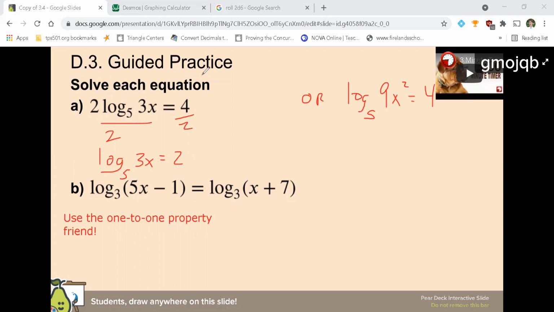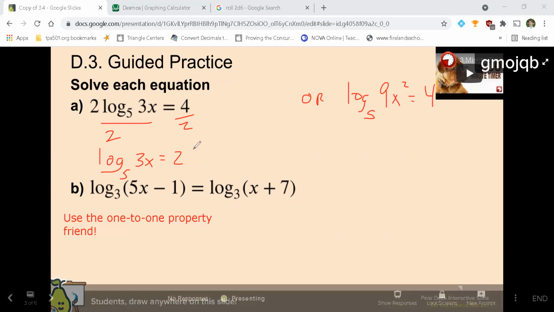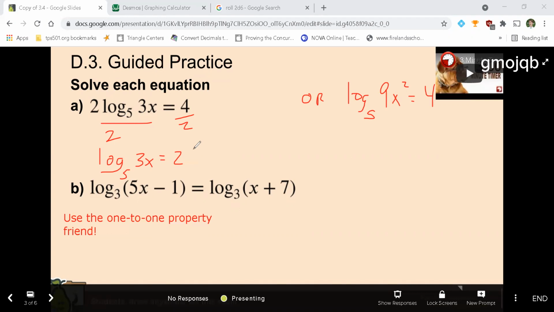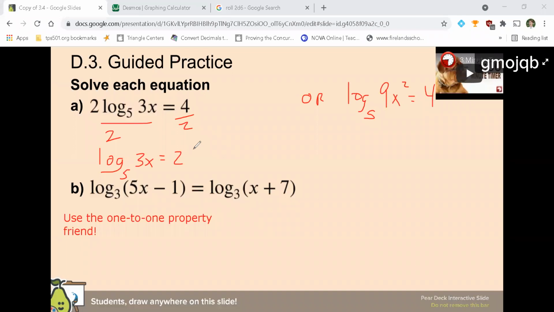Okay, now that we have it written as a log, we want to use our definition to change it to an exponent. What will be the base for the exponent? Five. The base of the logarithm is 5, so the base of your exponent is 5.